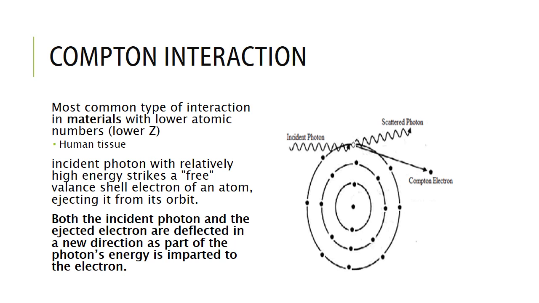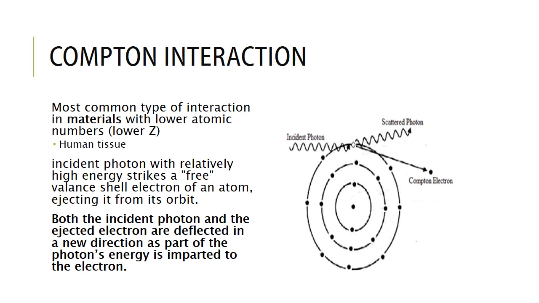While the photoelectric effect involves generally a photon interacting with an inner shell electron. Remember, those are going to be much more tightly bound electrons because those are closer to the nucleus.